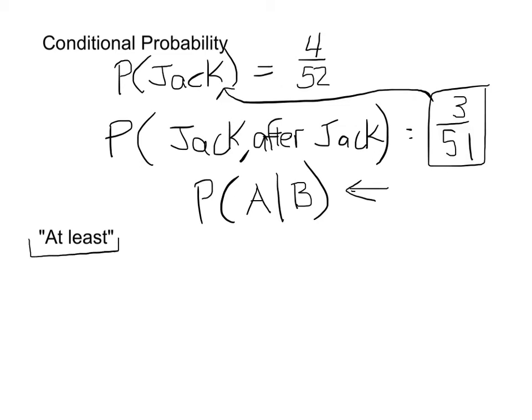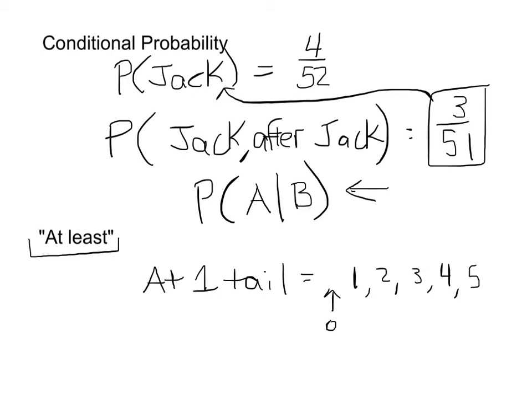We're also going to see the keyword at least. I might say to you, what's the probability if I flip 5 coins that at least one of those is a tails? Well, think of that. If I say at least one tail, basically what I'm saying is this covers 1 tail, 2 tails, 3 tails, 4 tails, and 5 tails if we're flipping 5 coins. What doesn't it include? It doesn't include 0.